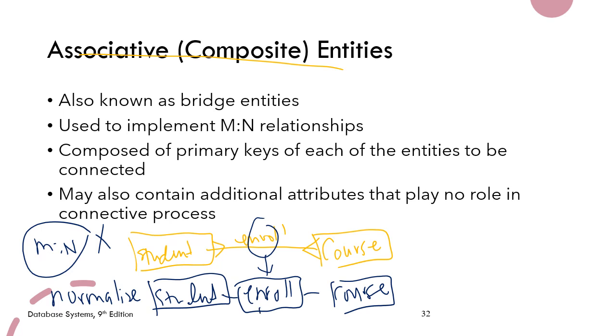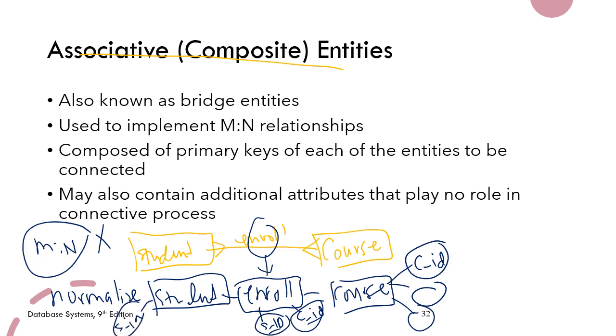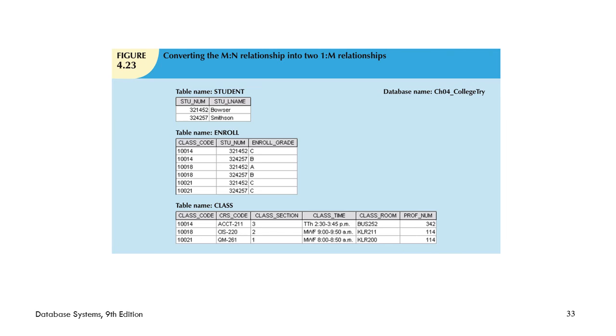So the primary key for this one should be the student ID and also the course ID. It will have two primary keys, course ID and student ID. Associative entities. Okay.